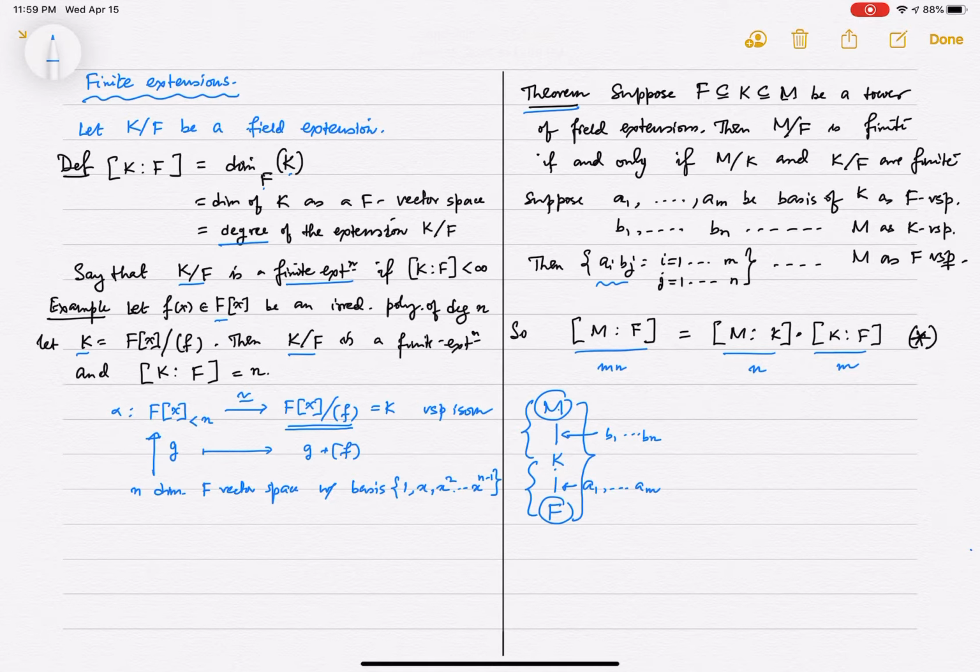Okay, so let's check that these pairwise products span the big vector space over the smaller field.